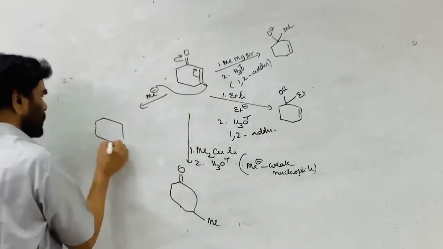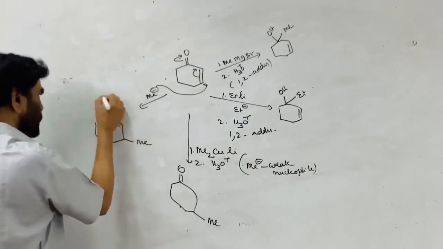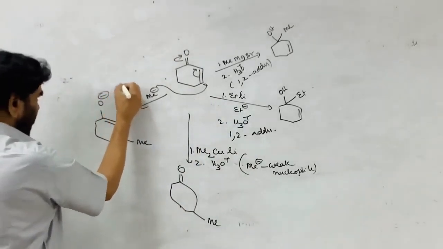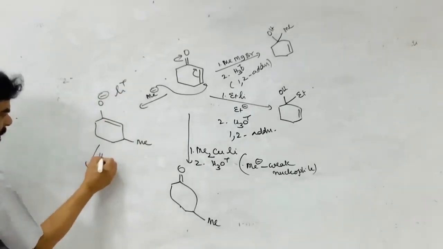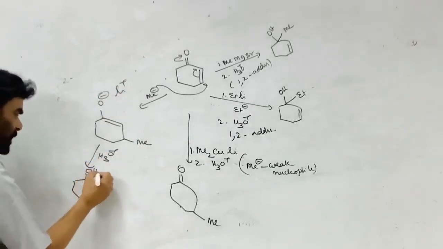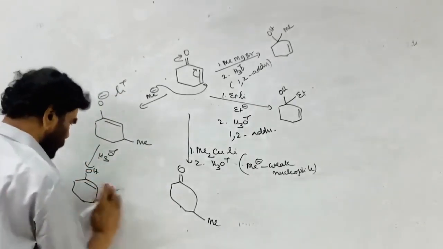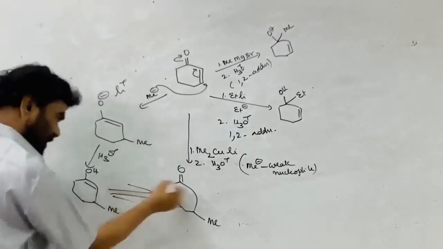Now it is methyl, this is the case, that is Li+. Now it is hydrolysis, this gives the OH, and the tautomer is given. Directly I am writing tautomerism again.